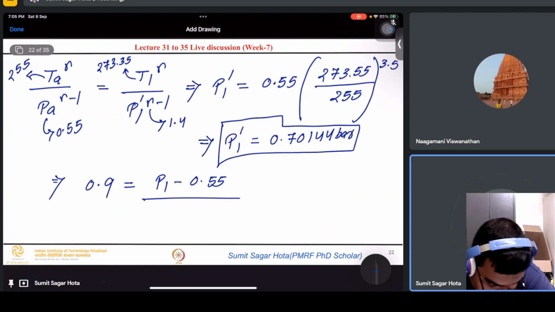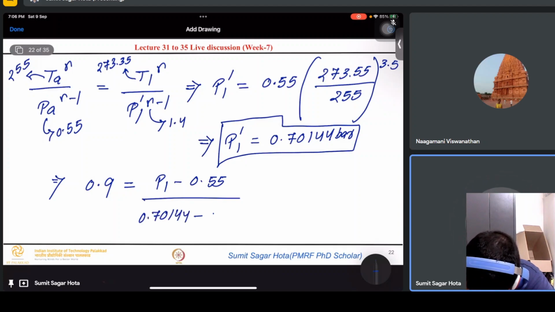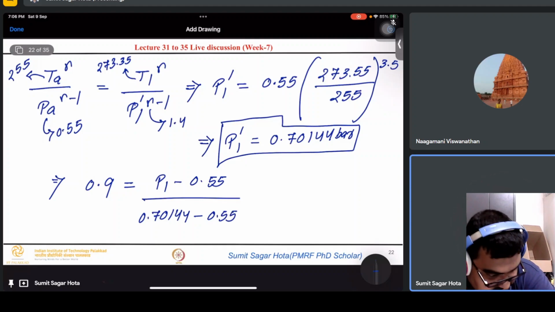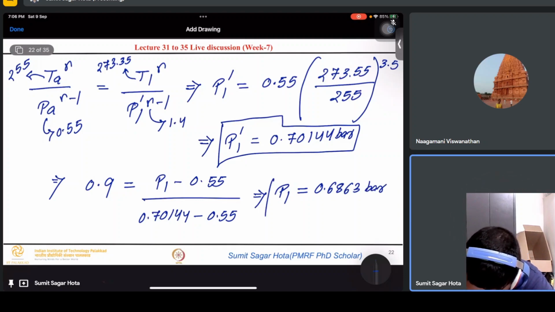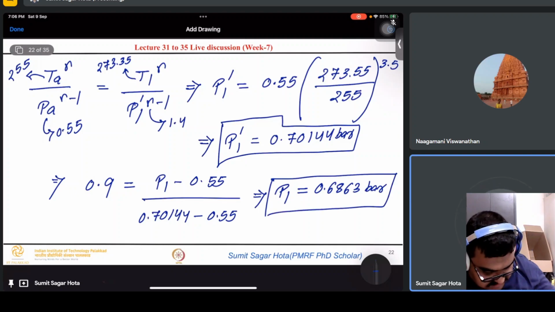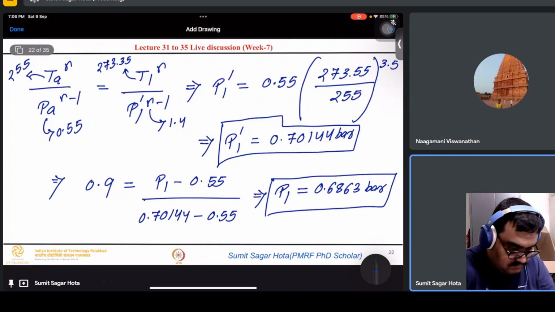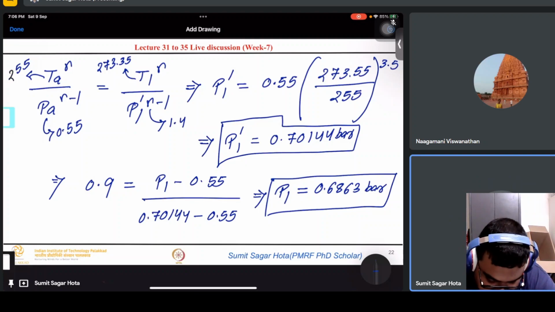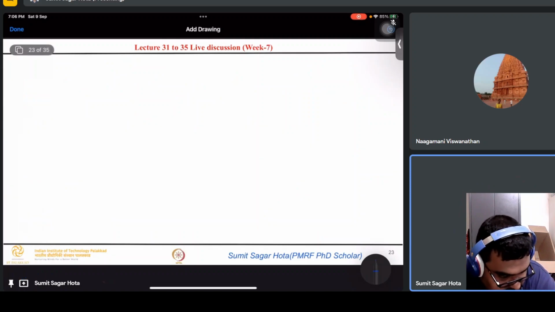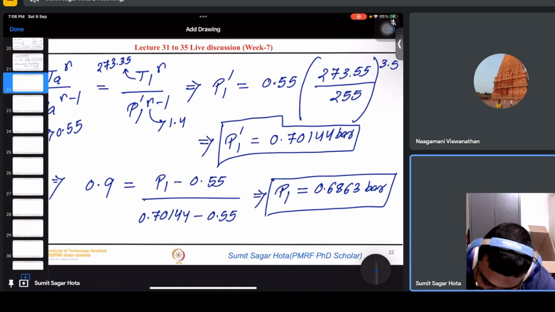So P1 minus 0.55 over 0.70144 minus 0.55 gives 0.6863 bar. So this is the answer, you get P1.